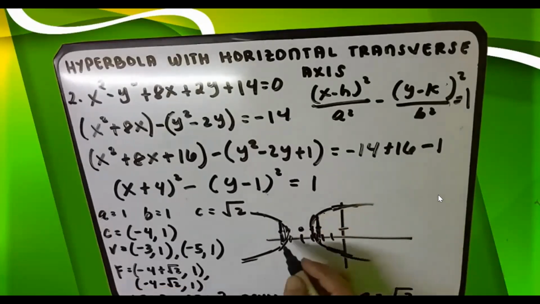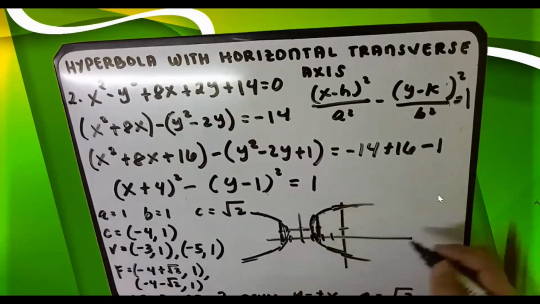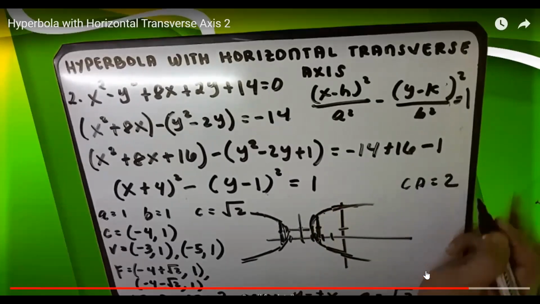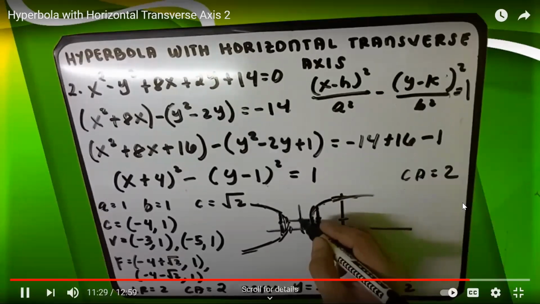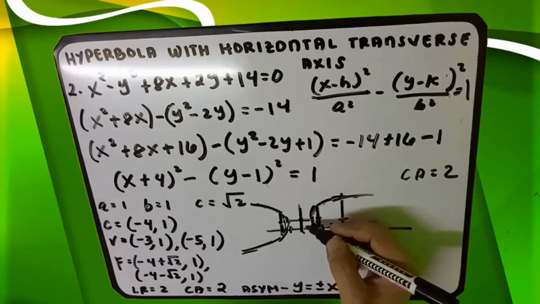For the conjugate axis, ito yung horizontal transverse axis natin. So ito ngayon yung conjugate. So since ang conjugate axis is equal to 2, so kung ito yung center, 1 unit sa taas, 1 unit sa baba.